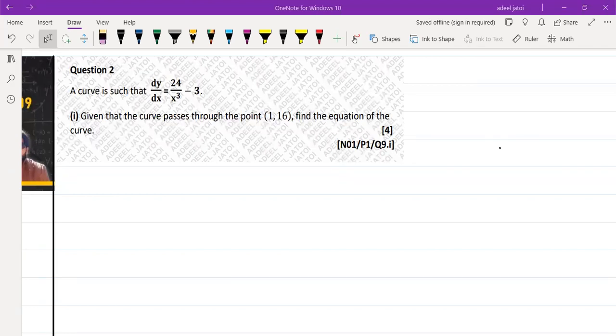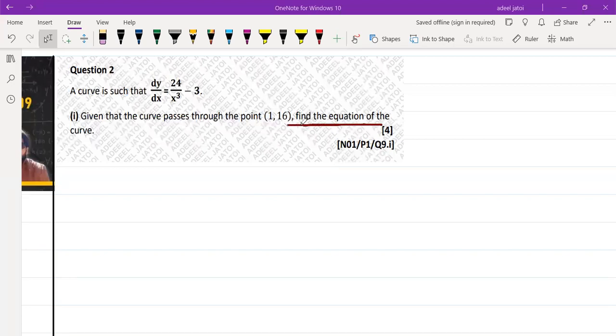We need to understand that this dy/dx should be changed to y. To change to y, we need to integrate. And when we integrate, we have been given a coordinate as well. This coordinate will help me find C.